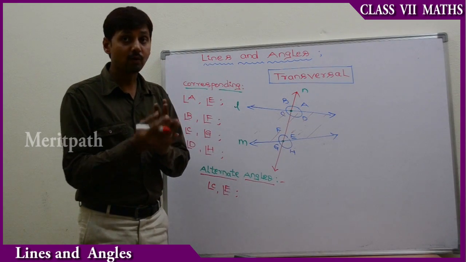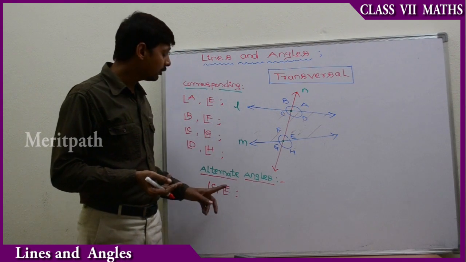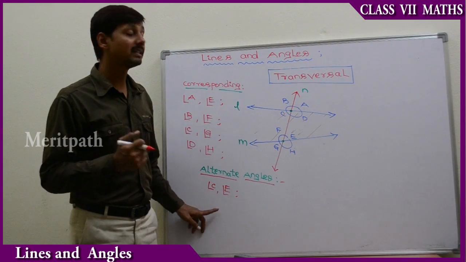So they are on different sides of the transversal line, and both are interior angles, and this kind of angles are called alternate angles.